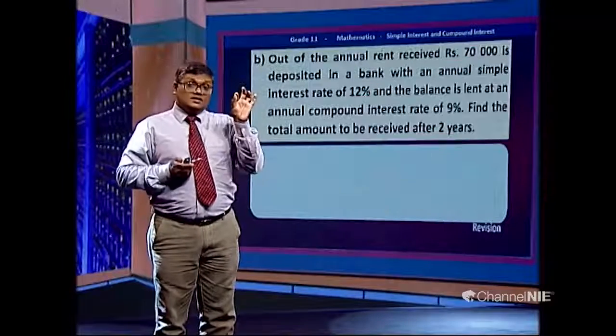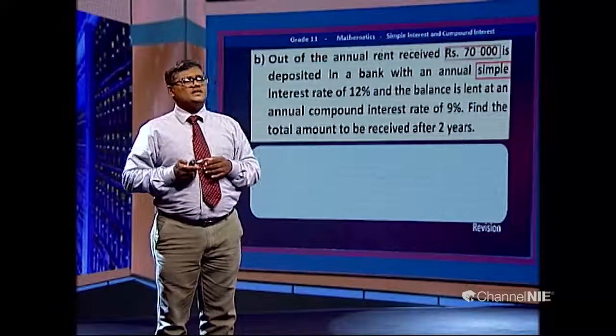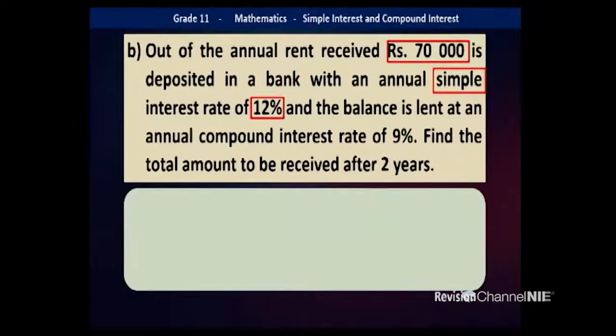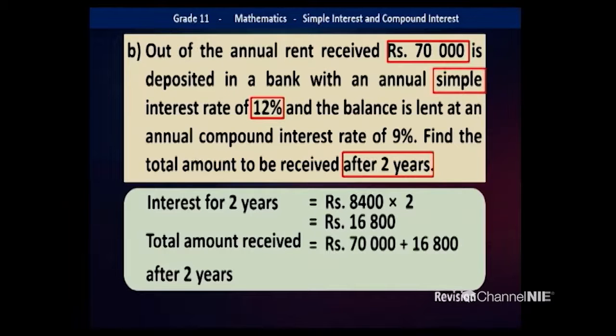Then they are asking it for 2 years. Then how to do that? That amount 70,000 into 12%, we got an answer. That answer should be multiplied again by 2. Then you get the 2 years' interest income, 16,800. Now remember the principal amount. It was 70,000.